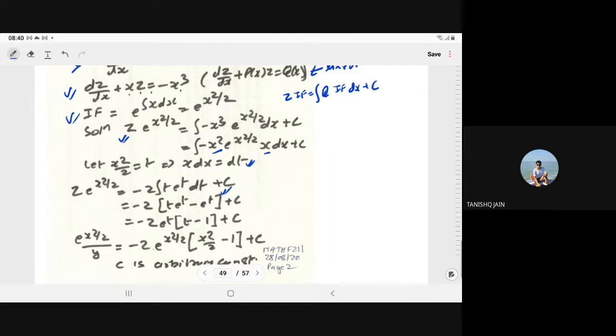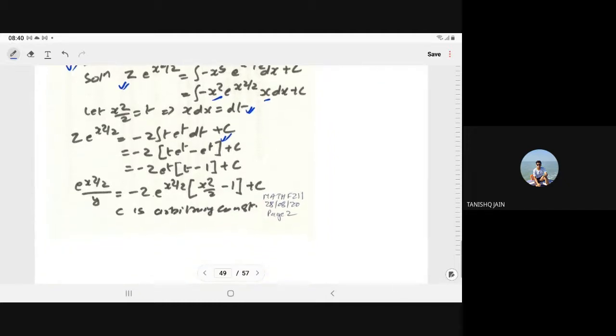So t is equal to what? It is x square by 2. So here we have written x square by 2, e to the power x square by 2. And what is z? z is 1 upon y. And t is x square by 2. So just put the value of z and t, and you will get the required solution, where c is the arbitrary constant.